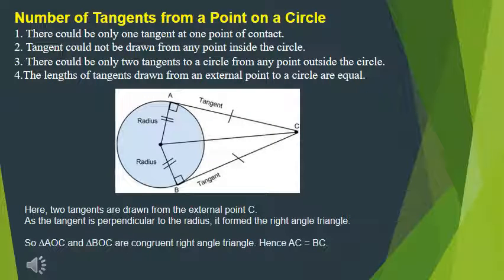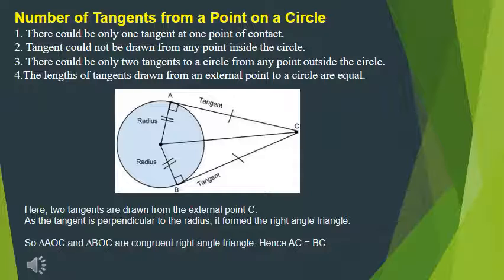Student, now here are some points related to tangents, so we have to keep those points in our mind from the exam point of view. First, there could be only one tangent at one point of contact. Second, a tangent cannot be drawn from any point inside the circle.